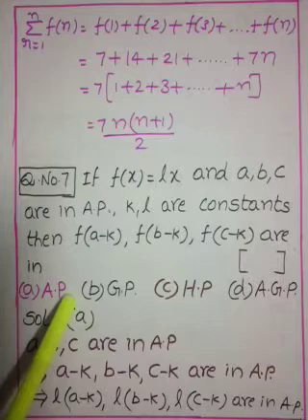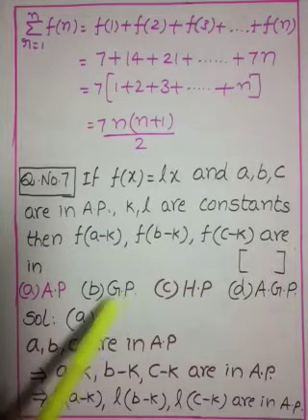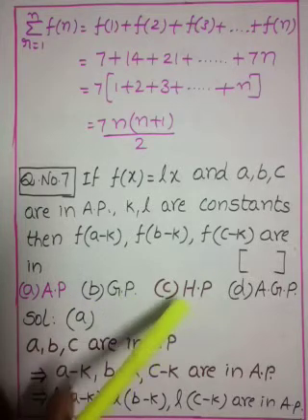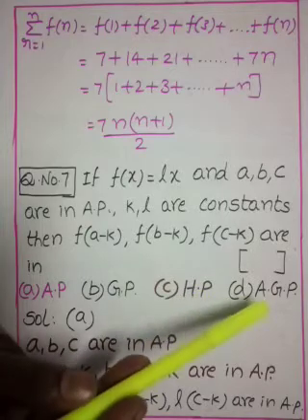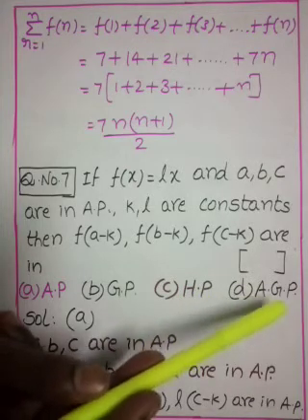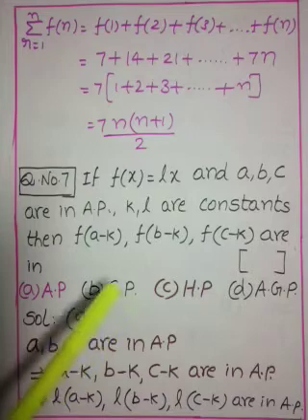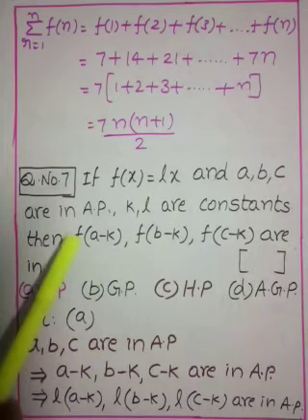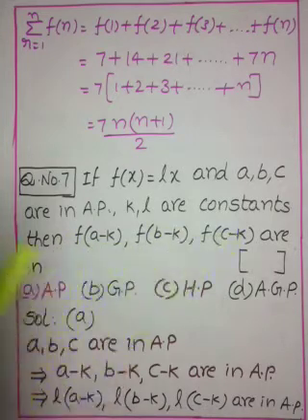AP means arithmetic progression. GP means geometric progression. HP means harmonic progression. AGP means arithmetic geometric progression. Okay, my children, we have to find out in which progression these three terms lie.